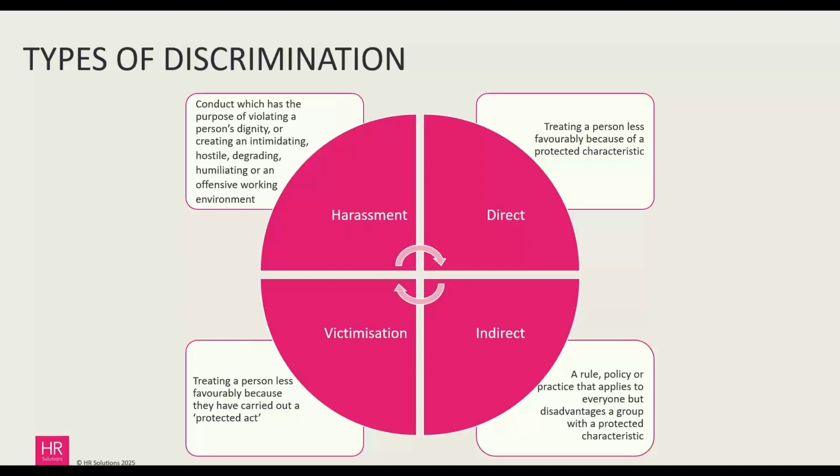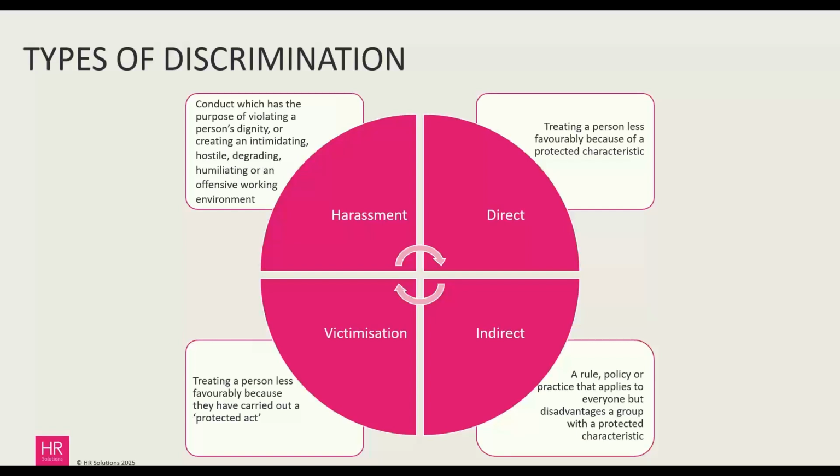They perhaps may have given evidence at a disciplinary or grievance hearing or at tribunal, or they're making complaints about the perpetrator or the employer or their alleged discriminatory practices. The individual would have to show that the reason for that less favourable treatment is because of the protected act and that it's not for some other unrelated reason.